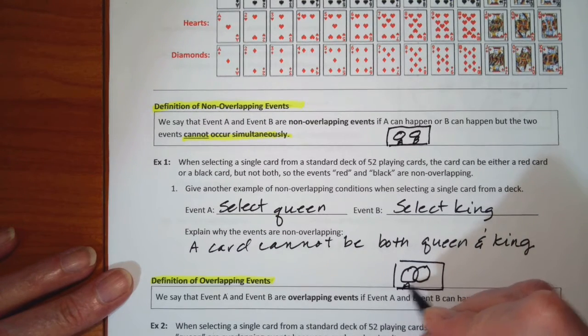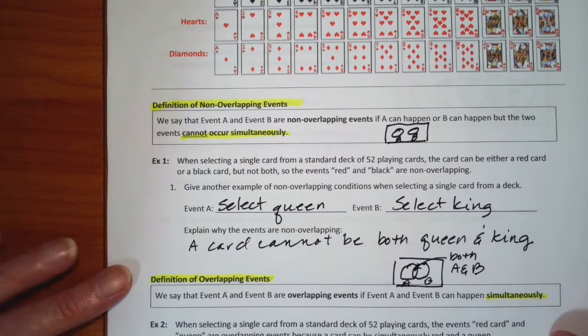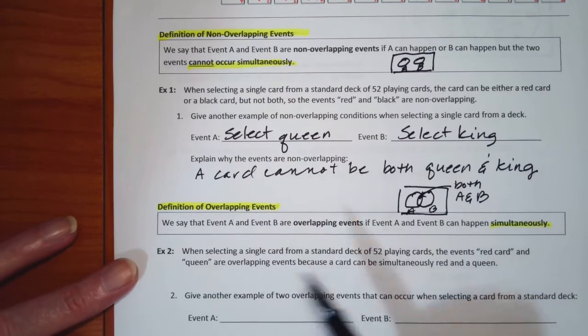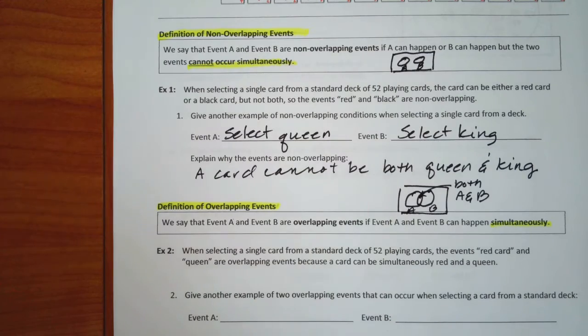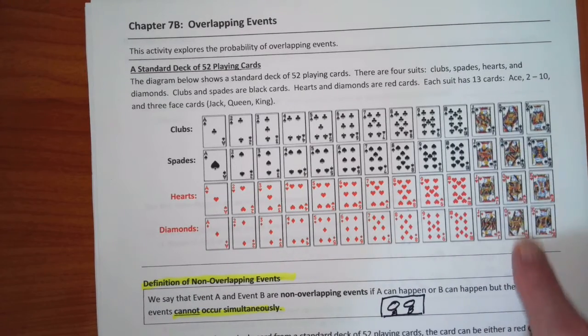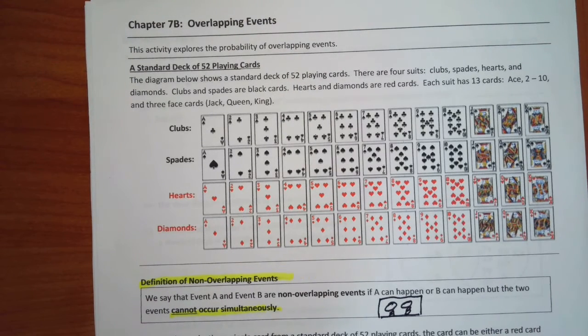You have event A, you have event B, and then you have something that is both A and B. So, if we're looking at our decks of cards, the events of red card and queen are overlapping because a card can simultaneously be red and it can be a queen. In fact, these would be all the red choices, and these are your queens. So the overlap would be the queen of hearts and the queen of diamonds.